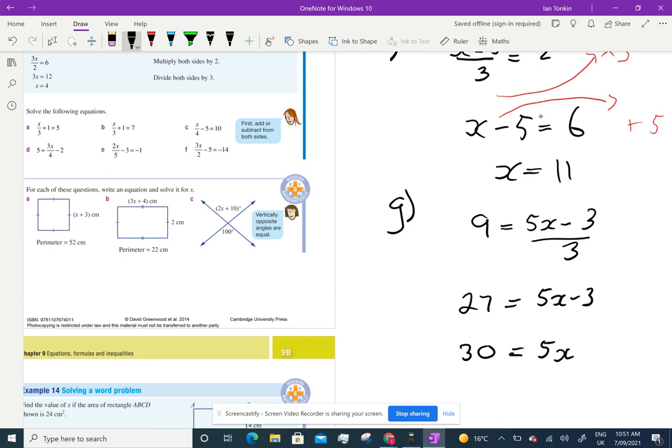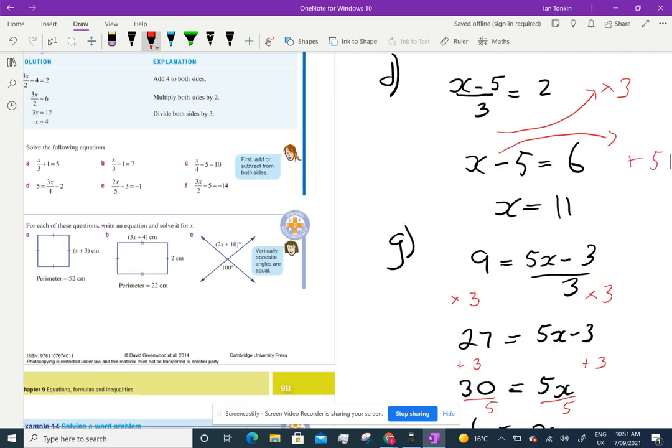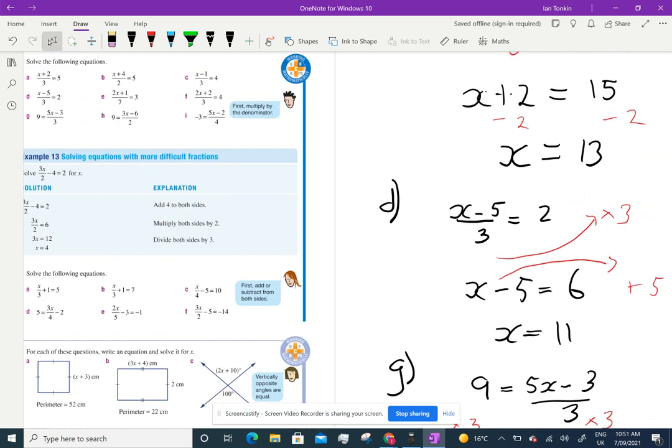Divide by 5, 6 equals x. Doesn't matter that the numeral's on the left or on the right. So what did I do? I times by 3, times by 3. You don't need to write if you don't want to. I added 3 and added 3, and I divided by 5, and I divided by 5. So you can either write those things or you don't have to. All right. Good luck.